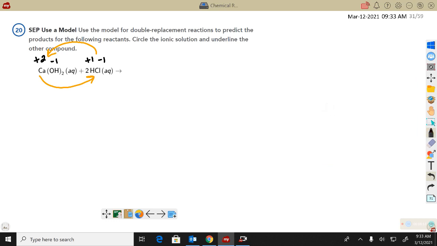All right, so now here comes my double replacement, my double switch. I'm going to kick out hydrogen and bring that over with hydroxide. And then calcium is going to come over with chlorine. So to start with, we just make the switch. Switch the two positive ions.